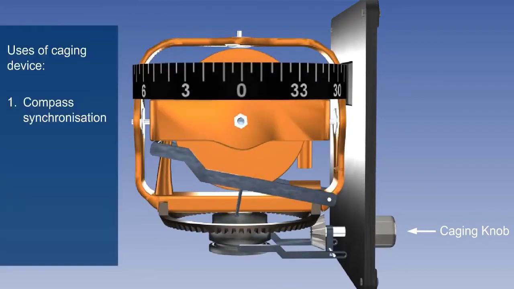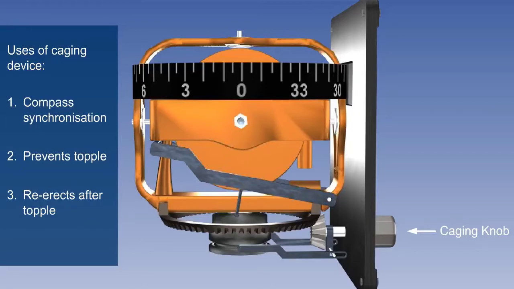So the uses of the caging device are firstly to reset and synchronize the DGI with the magnetic compass, secondly, to engage and lock the gyro rotor to prevent topple while the gyro is being synchronized, and thirdly, should the gyro be subject to topple, the caging device can be used quickly to re-erect the gyro.